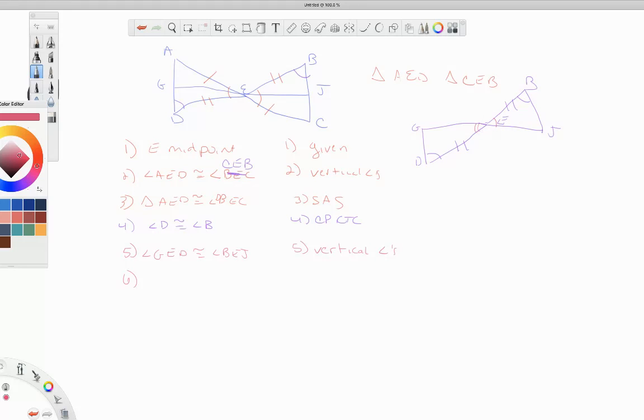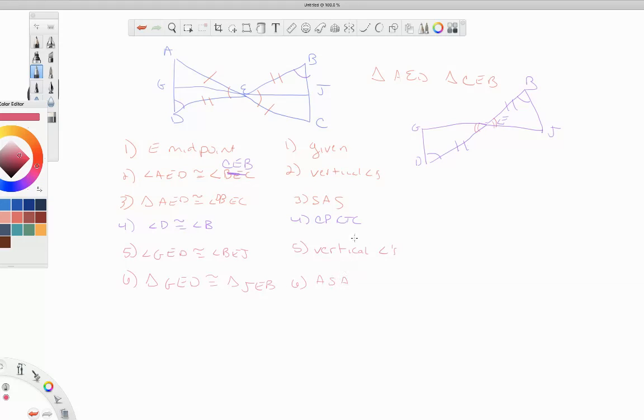Oops, this needs to be a double. So I have angle, side, angle, angle, side, angle. So I can say that those triangles are congruent now. So triangle GED is congruent to triangle JEB, and that's what I was trying to prove. Why? Because of angle, side, angle.